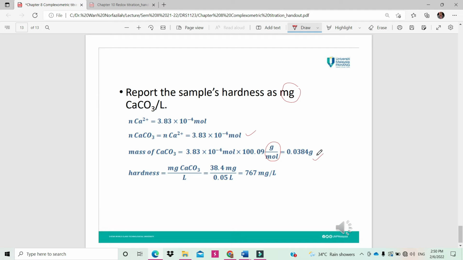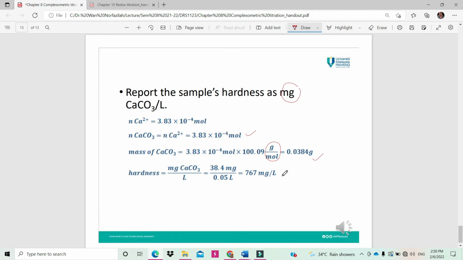Kalau 50 ml sikit kan? Kita ada 0.0384 gram. Kalau kita ada 1 liter, berapa? Okay, so we divide by the volume, we can see that we have 767 milligram in 1 liter of water.